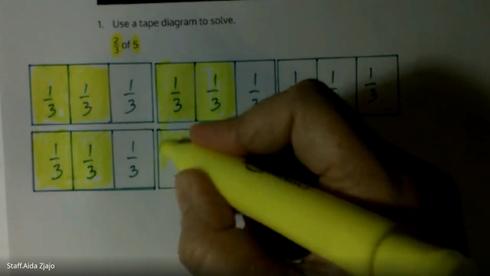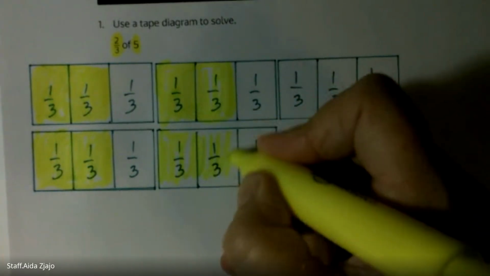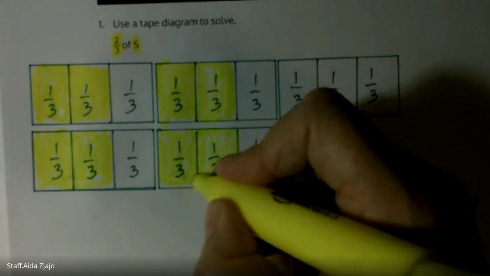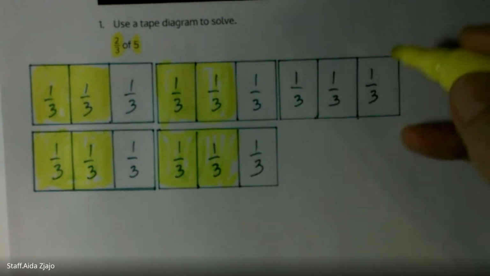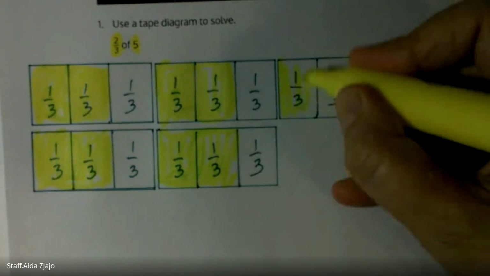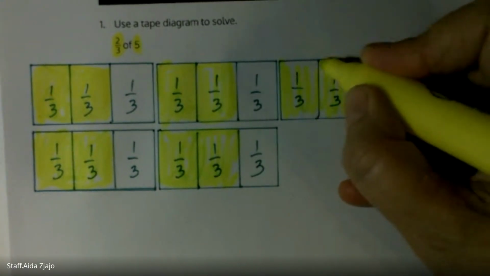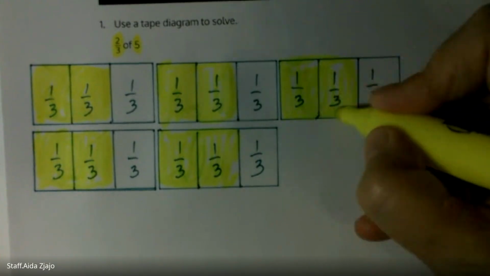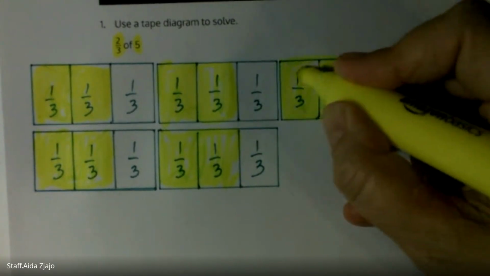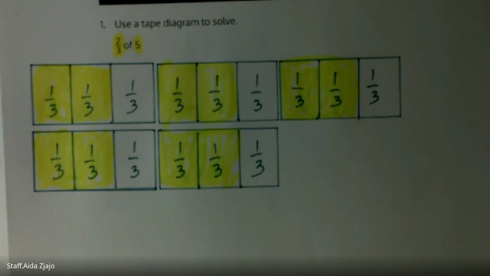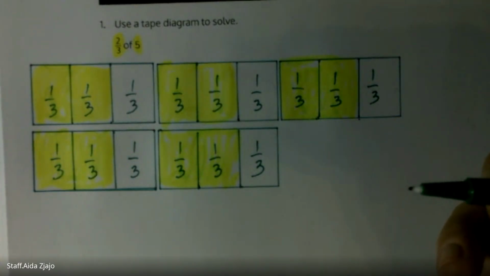And then 2/3 of this batch are chocolate chips. Taking that, and then 2/3 of this one. Okay. Now you just needed to combine pieces. How much would that be if you combine them?